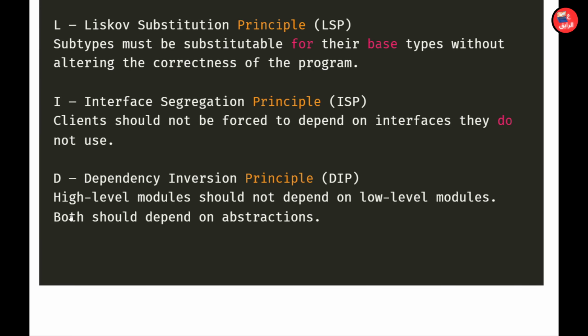Okay, both should depend on abstraction. So there must exist an abstraction layer between high-level modules and low-level modules. Each one of them communicates with the other through this layer of abstraction. Those are the 5 SOLID principles in software engineering.